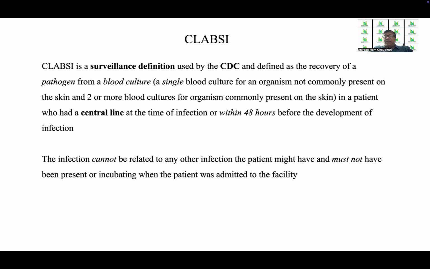This is because there are some normal common skin commensals, and isolation at only one point of time may just indicate contamination and not an infection. So in case of commonly occurring organisms, there should be a minimum of two, whereas for uncommonly occurring organisms, even one single blood culture isolation will conform to the surveillance definition of CLABSI.